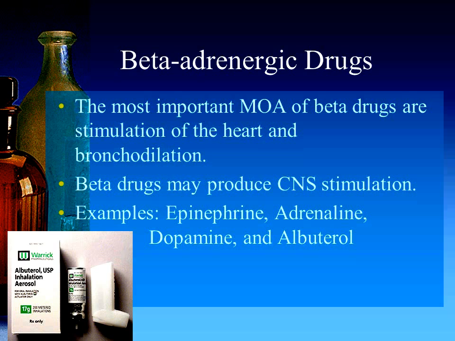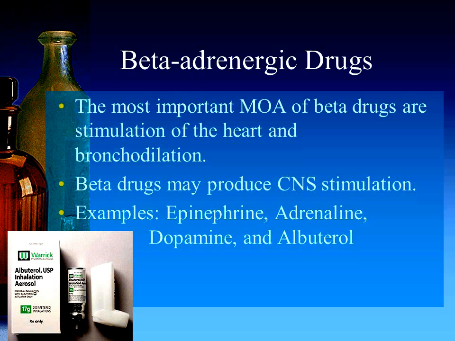Now we said norepinephrine was considered the parent drug or the parent class for the alpha adrenergics. As a result, epinephrine is considered to be the parent drug for the beta adrenergics. And so beta adrenergic medications have a similar chemical structure to epinephrine.